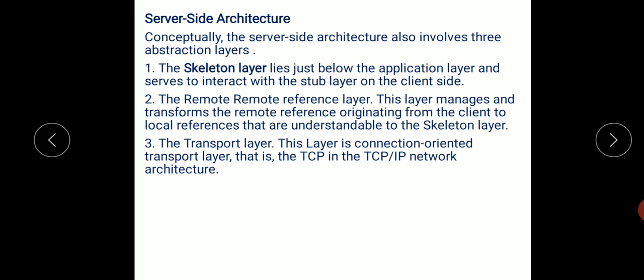The remote method call should be understandable by the skeleton layer, so it will transform the remote method call to a local call. The remote reference layer is responsible for transforming remote references to local references which are understandable to the skeleton layer at the server side.